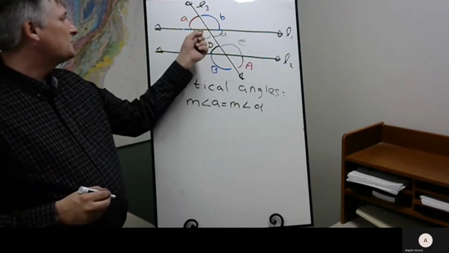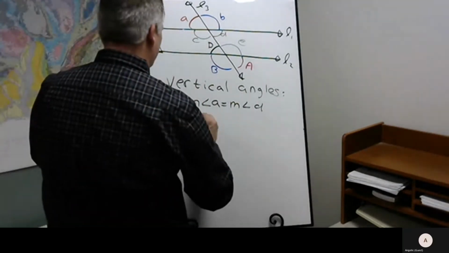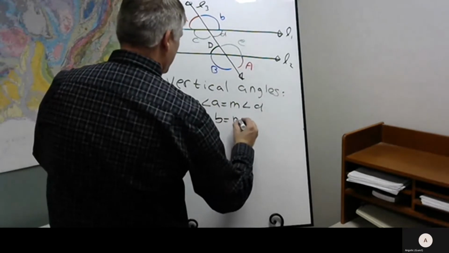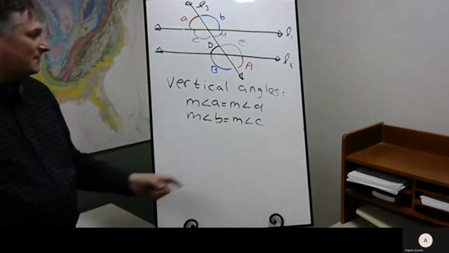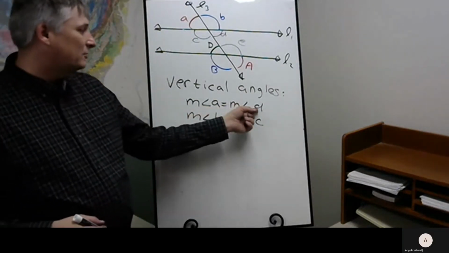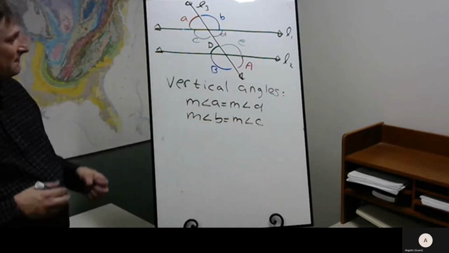Likewise, these two angles are across from each other, so the measure of angle B equals the measure of angle C. Again, this is a lowercase c. So lowercase a, lowercase b, lowercase b, lowercase c.